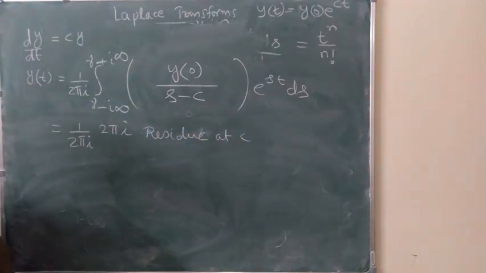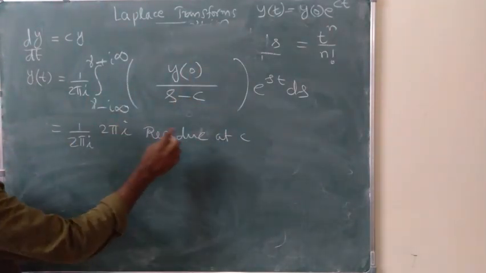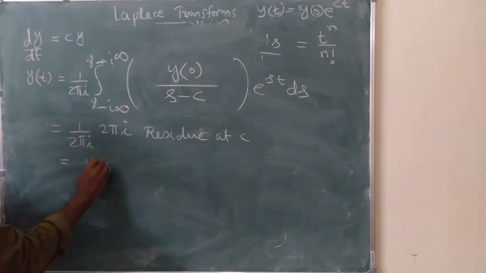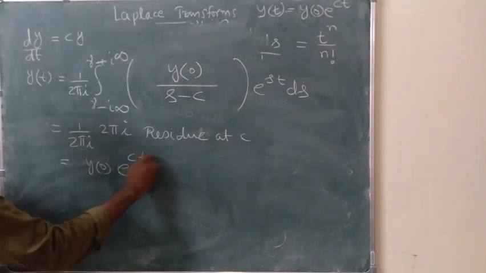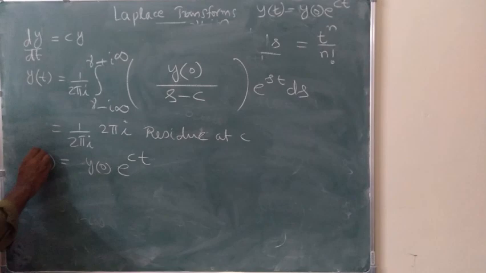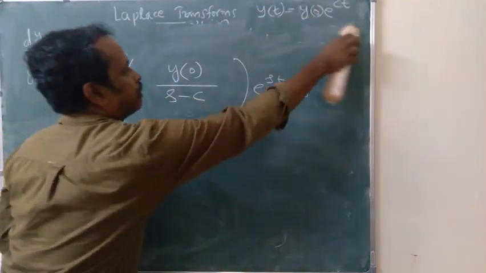So here the integrand is not analytic at s equal to c, so you have to multiply with the residue at c, and that is equal to, 2 pi i gets cancelled, y naught e to the power ct is the residue.